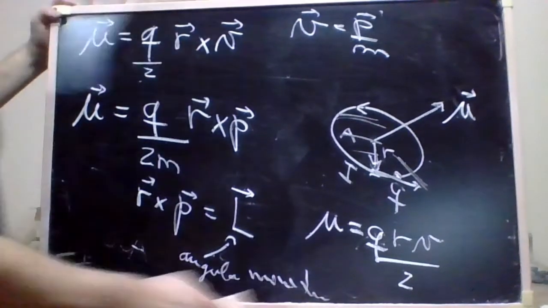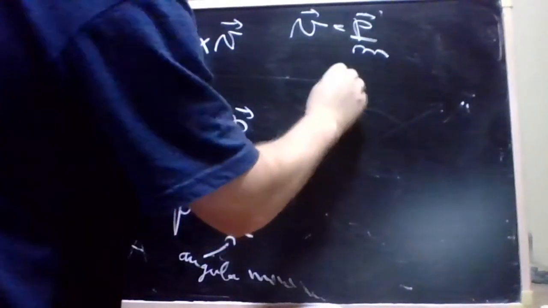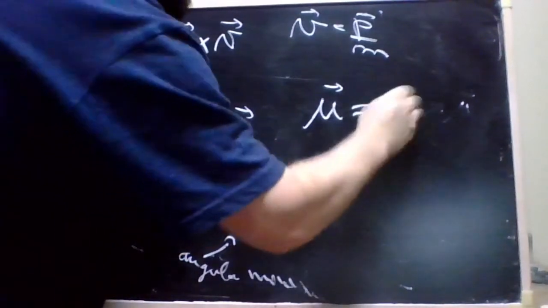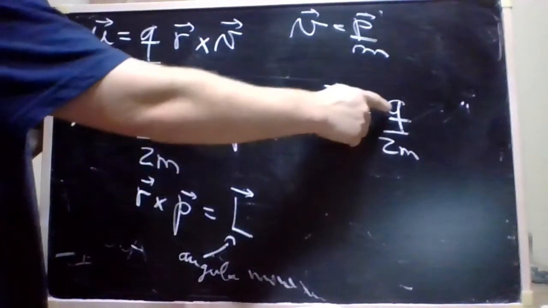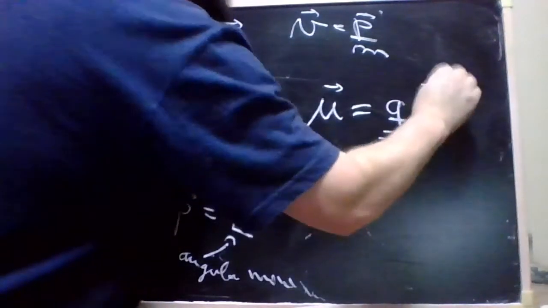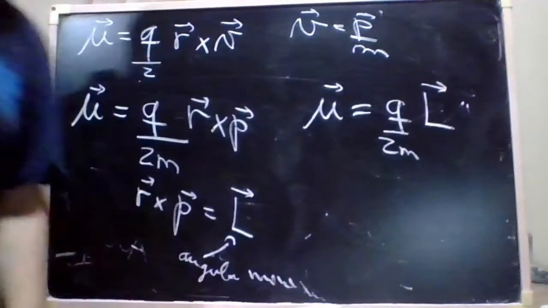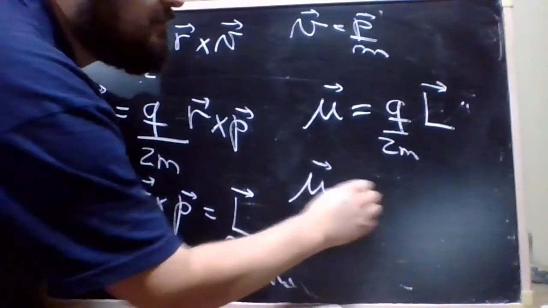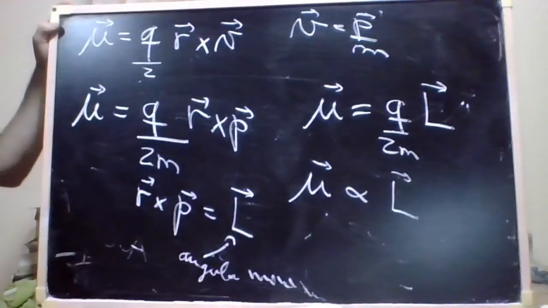And this way, you have that the magnetic moment of a particle is just a constant for that particle, which corresponds to charge divided by twice the mass, multiplying L, which is the orbital angular momentum, right? So in some sense, the magnetic dipole is proportional to angular momentum, all right?